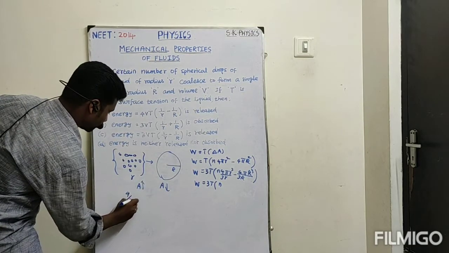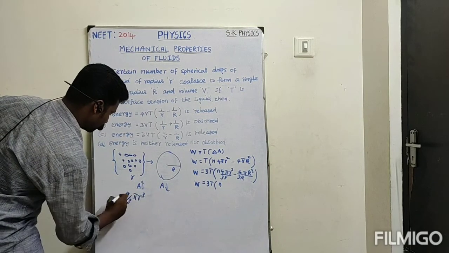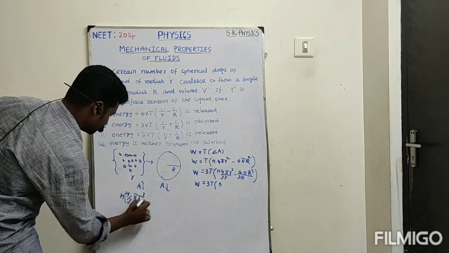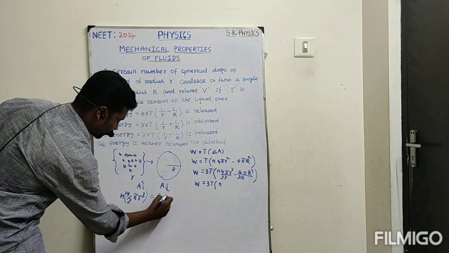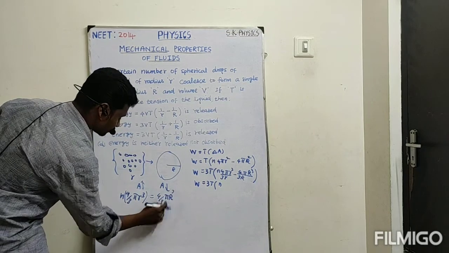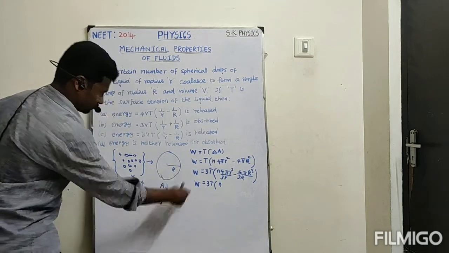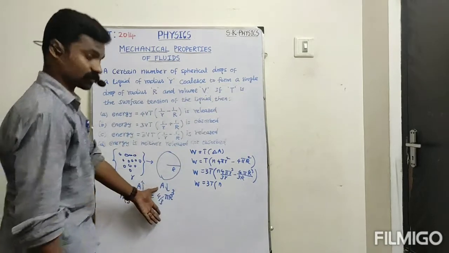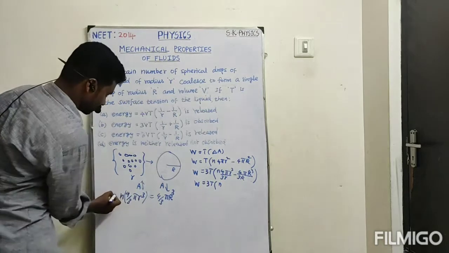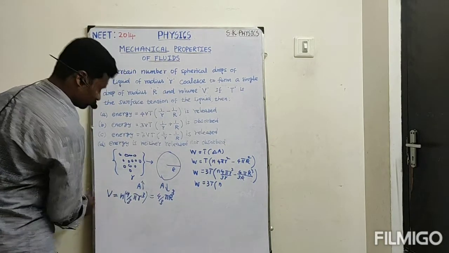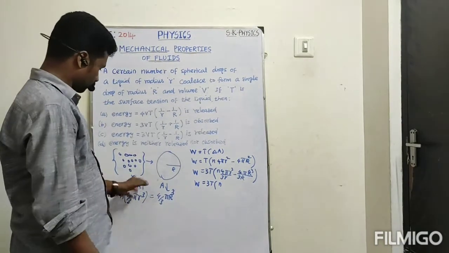Listen, 4 by 3 pi r cube of n times the small droplets' volume is equal to 4 by 3 pi R cube, that is the single large droplet's volume. So we can say that this is equal to volume. In both cases the volume should be constant.